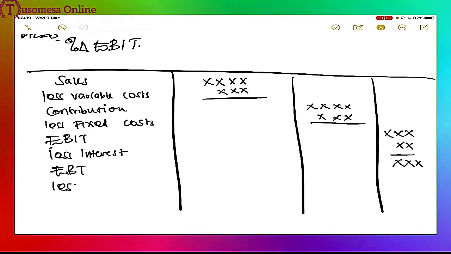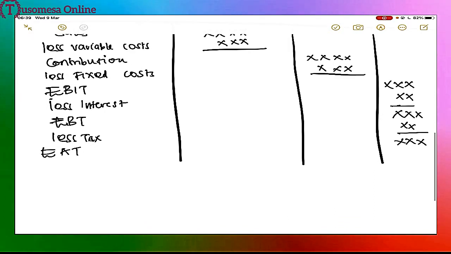When you less tax, you'll end up with the earning after tax.